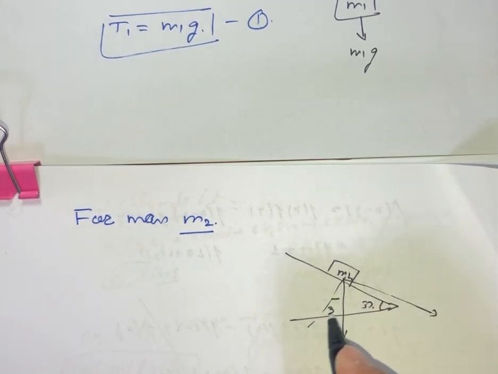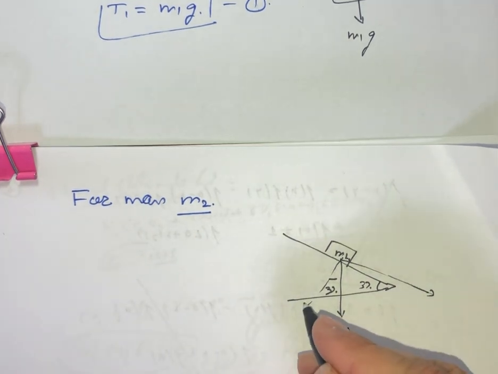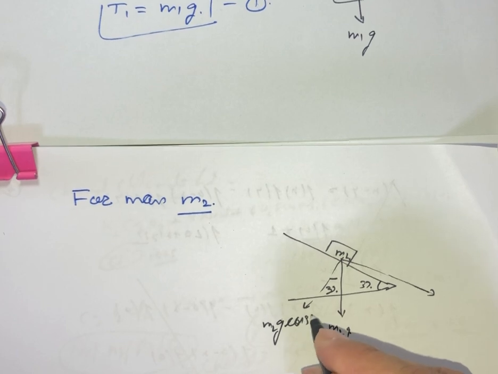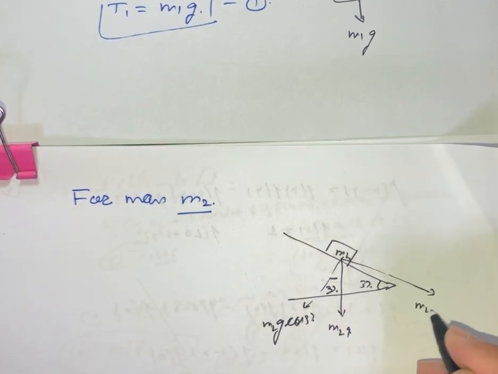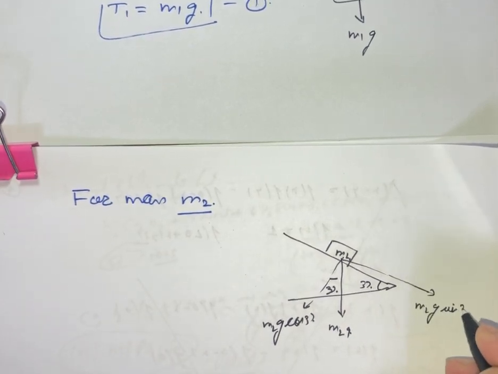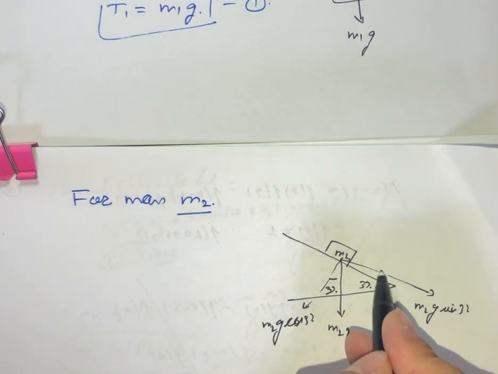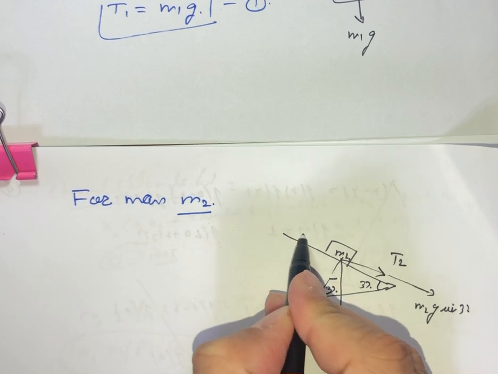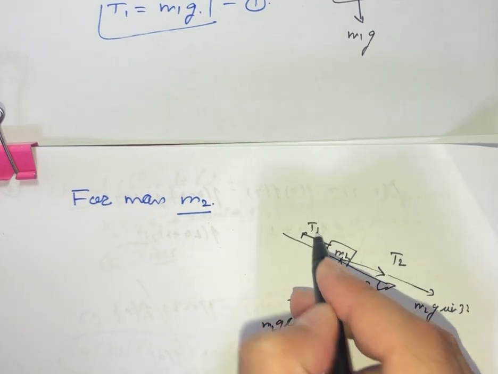This will be 37, so this will be our m2g cos 37, and this will be m2g sine of 37. And along this line we are also going to have T2 tension, and here we are going to have T1 tension.